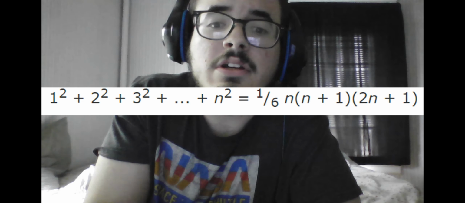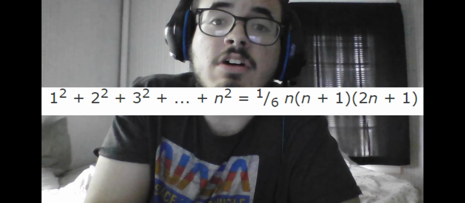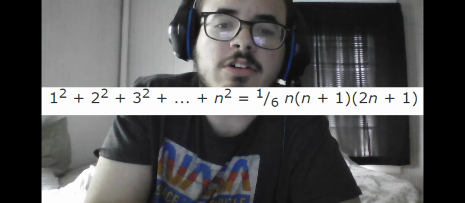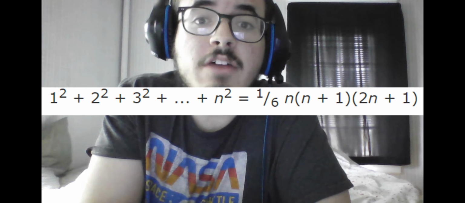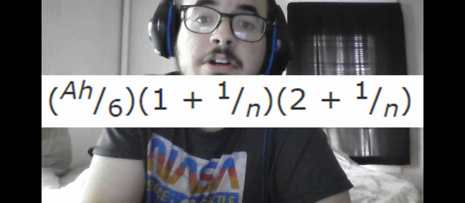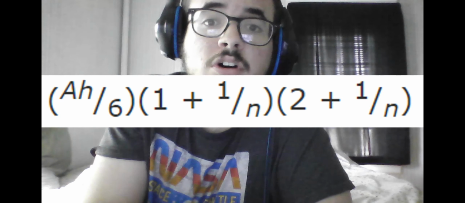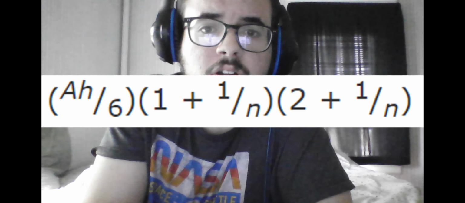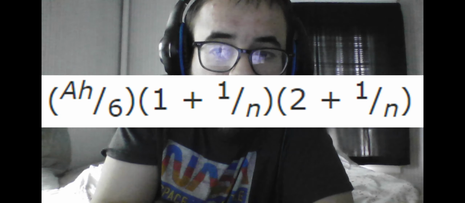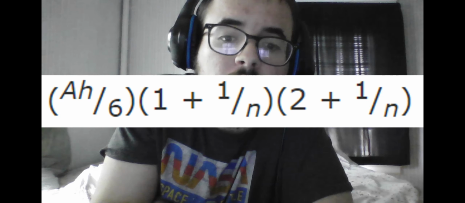Although generally it cannot be proved through the laws of algebra alone, the series can be proven through number crunching and trial and error. But with that result out of the way, we plug this into our overall volume equation and get cross-sectional area times height divided by 6 times 1 plus 1 over n times 2 plus 1 over n.